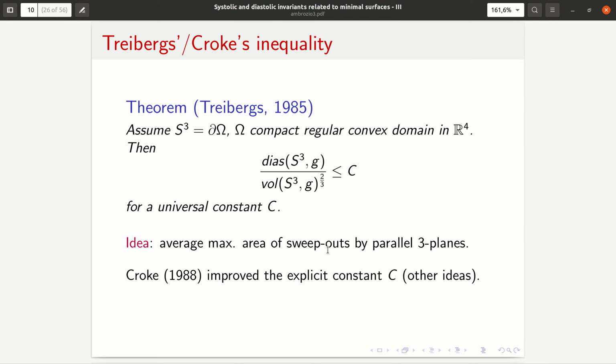And Croke gave a better estimate for c using different ideas. I think it is still an open problem, a nice open problem in convex geometry, to find what the sharp constant is.